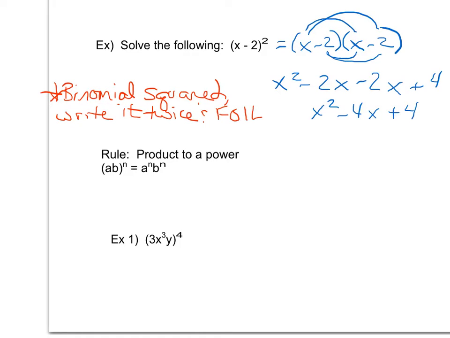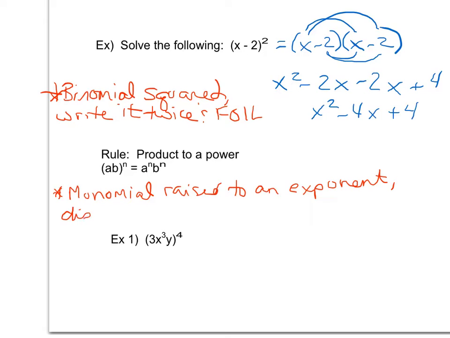And FOIL. If, on the other hand, I have a monomial squared or raised to any exponent, that's when I'm going to distribute the exponents. Okay, very important that I know the difference between binomial versus monomial, very different strategies.